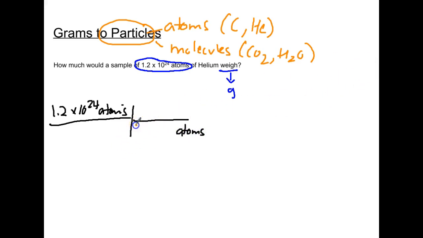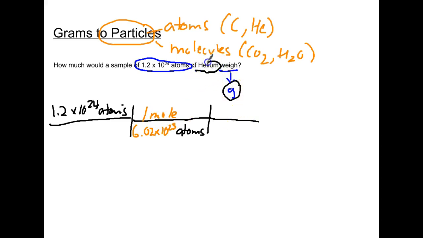So I'm going to need 6.02 times 10 to the 23rd atoms is the same as 1 mole. Okay? But I'm not done yet because the problem has asked me to convert to grams, to weight. So I need one more step where I'm now going to use the molar mass to convert from moles to grams.